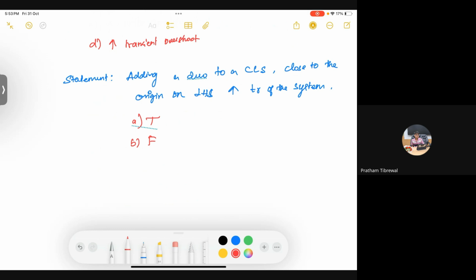We saw this during the live session when we discussed the transient response. If you recollect, you can check with your notes or something. False. Why so? Why do you think it is false?